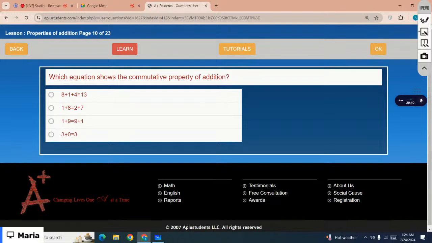On both sides, the numbers are the same, just the writing order of the numbers is different, right? So that is 1 plus 9 equals 9 plus 1.